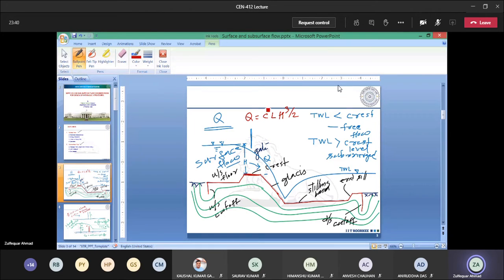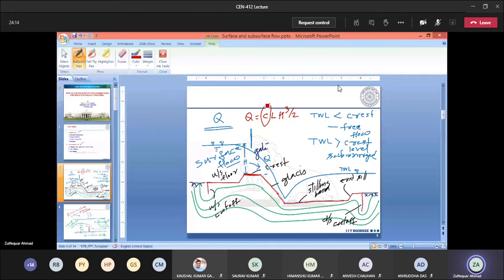So how we can get the value of C, we have to look for, and that also for the free flow condition and under the submerged condition, right? First thing we have to see is the discharge characteristics, I mean the discharge which is flowing through it. This will give us the information of how much discharge will pass through for a particular head.